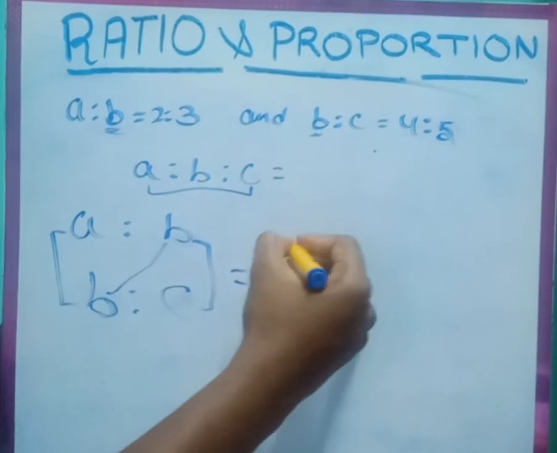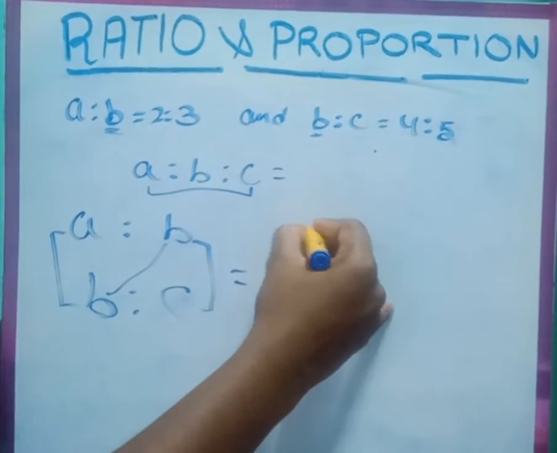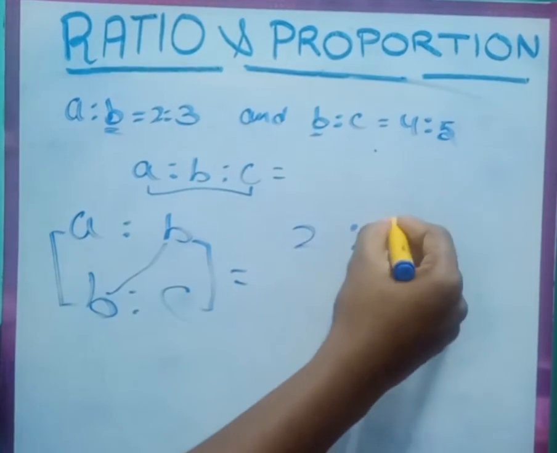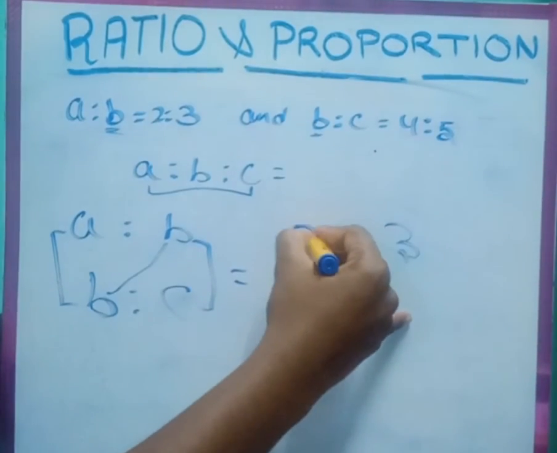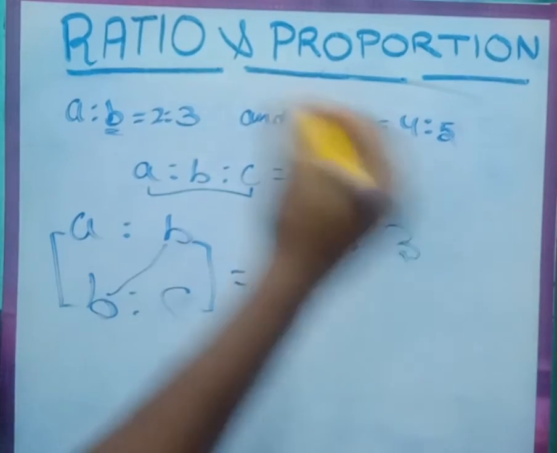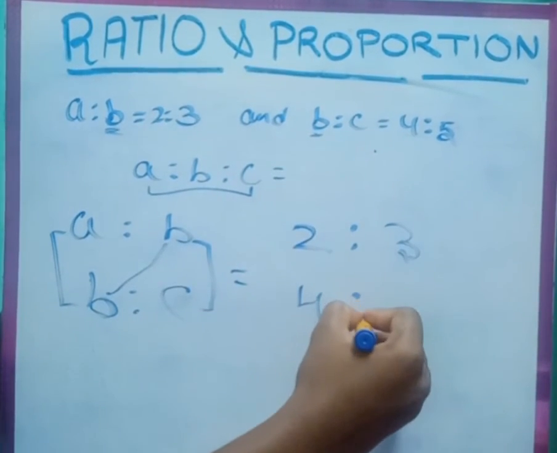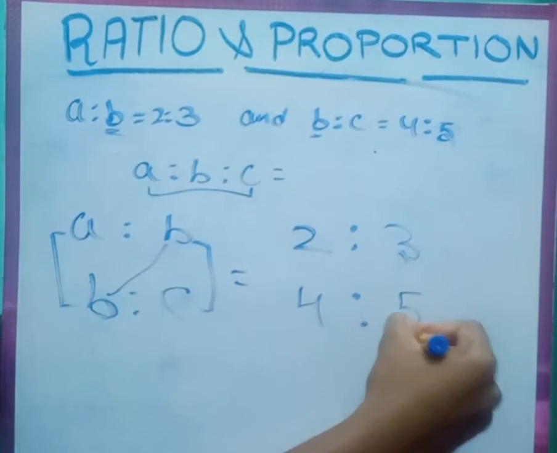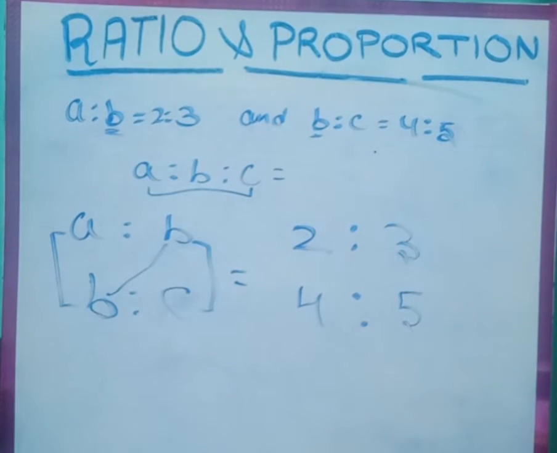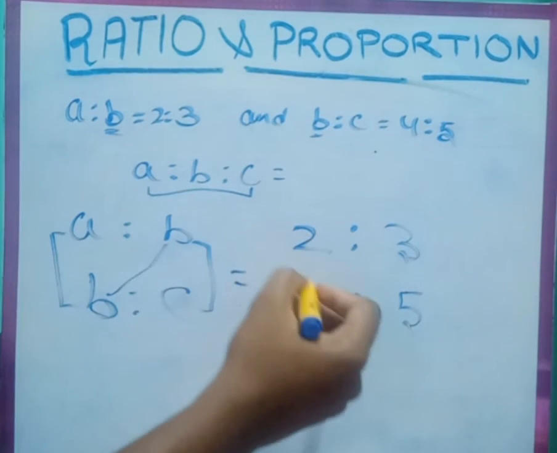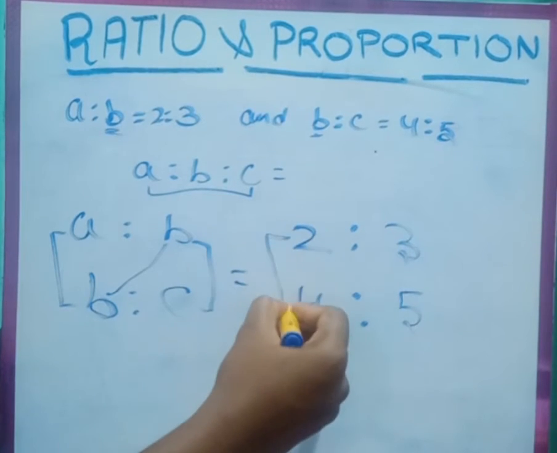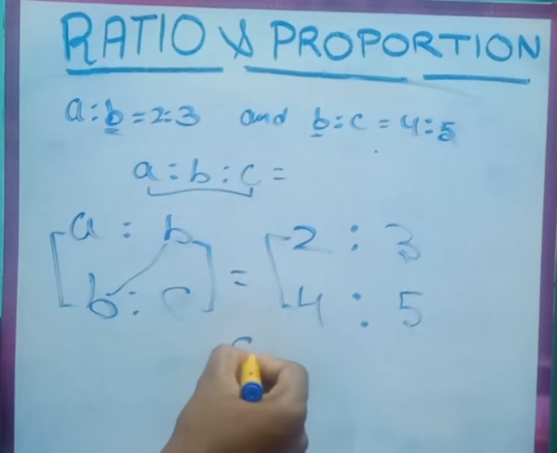Let me show how. What is the value of A is to B? That is 2 is to 3, right guys? And what is the value of B is to C? That is nothing but 4 is to 5. So now we have to find the continued proportion of A is to B is to C. That means we have to find three values, right? First, multiply A and B: 4 2s are 8.